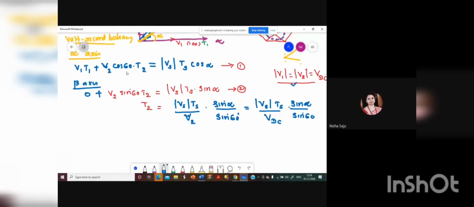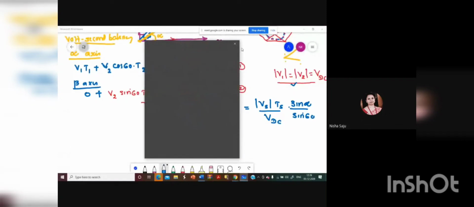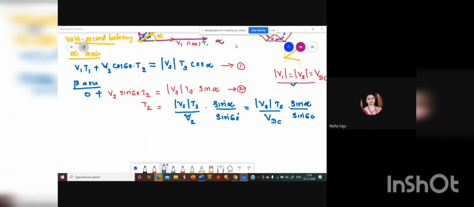So if you are substituting here, then what you will be getting? So you are having V1, I will take another color. So you will be having V1 T1, right? Plus you will be having V2 into cos 60.